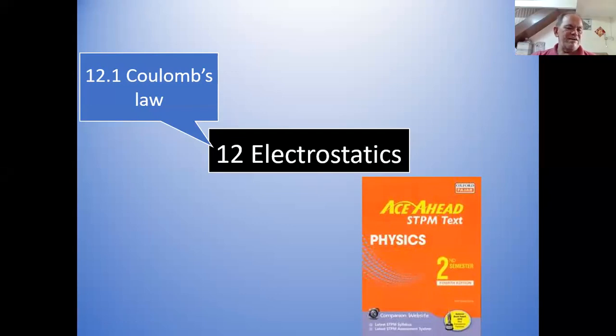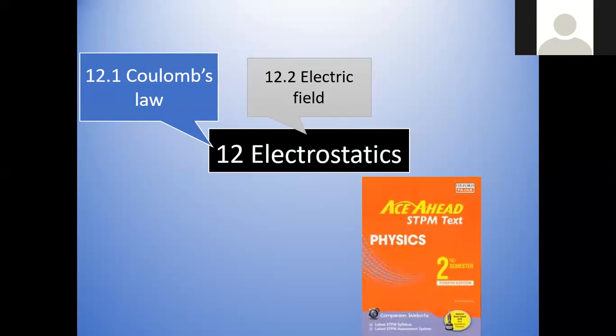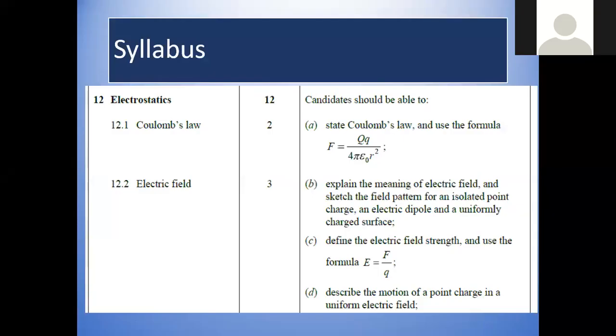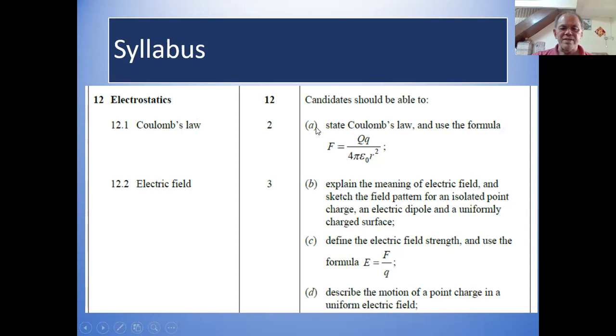Okay, so there are four subtopics: Coulomb's law, electric field, Gauss law, and electric potential. That's your syllabus, right? Basically, it's always important to refer to the syllabus, what they want, but your syllabus is not very clear lah, what exactly they want.